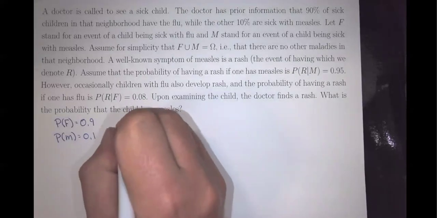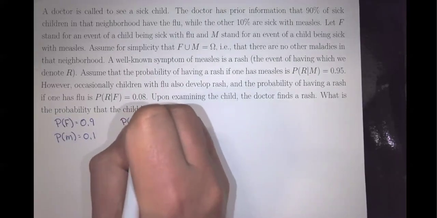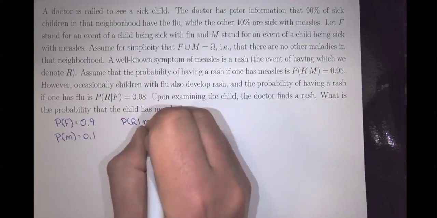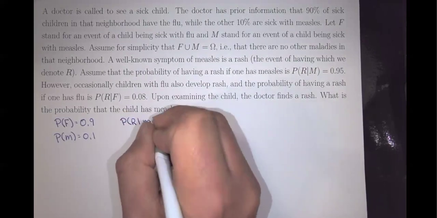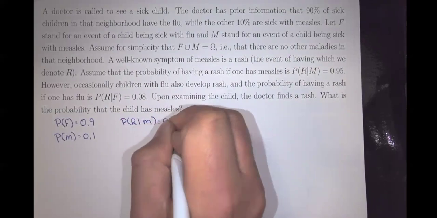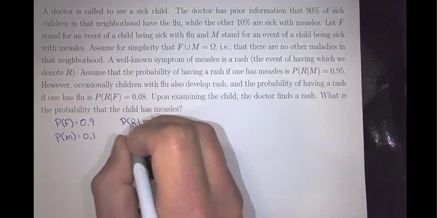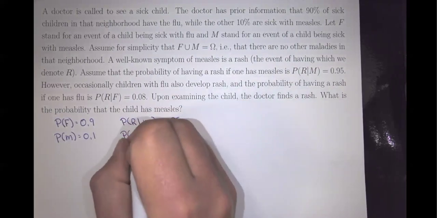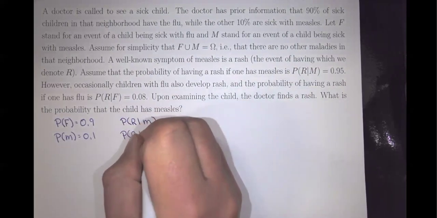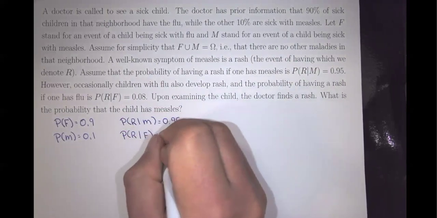The probability of rash given measles is 95%. The probability of rash in a child that has the flu is 8%.